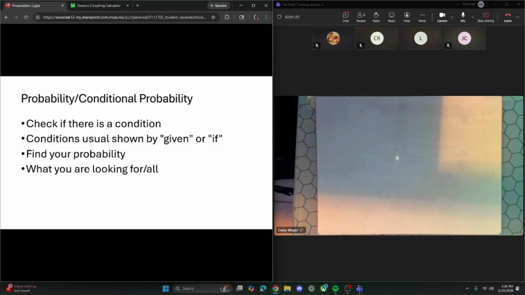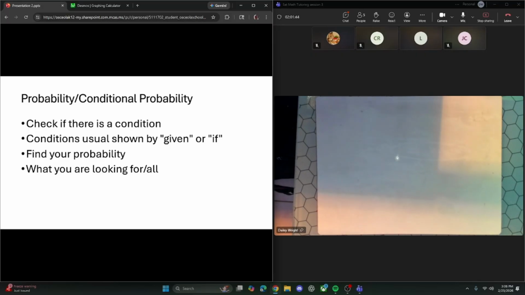Probability and conditional probability. With probability and conditional probability, you want to check if there is a condition. This is usually shown by given or if. We will get into how that works once we get into some practice problems.